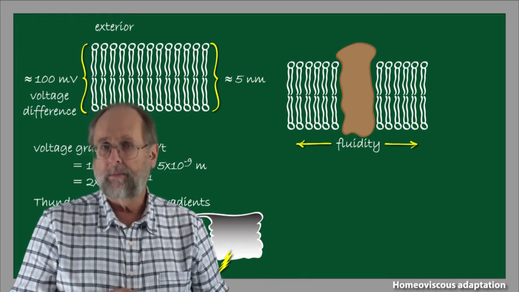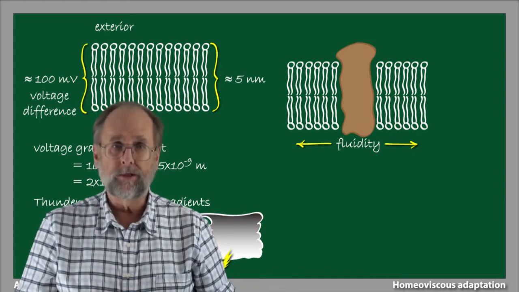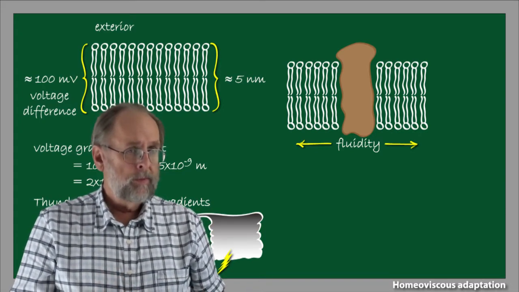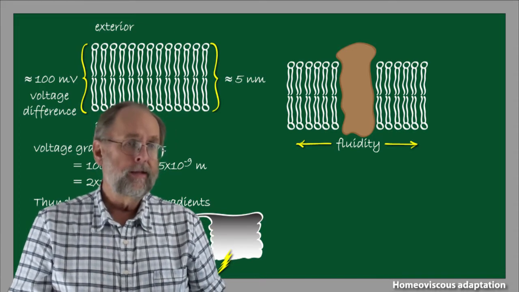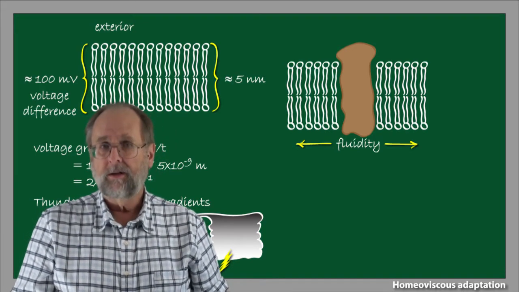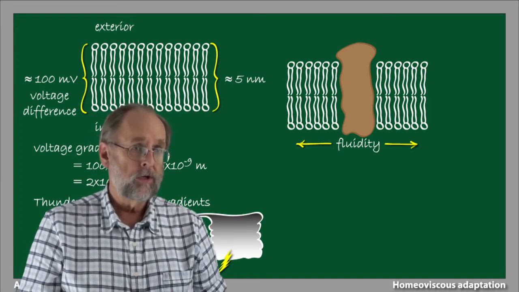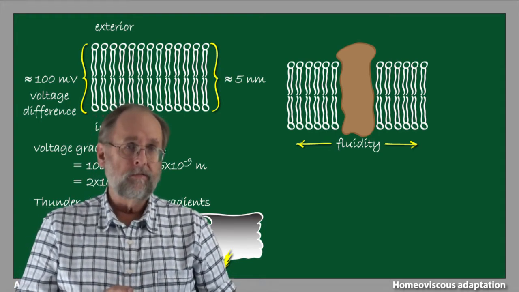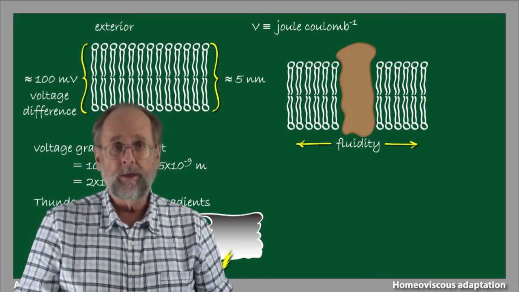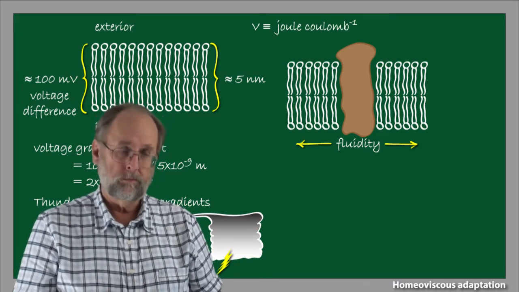But now, what about those massive voltage gradients? We remember that the volt is really a measure of potential energy. That is, it's an electromotive force that acts to drive flows of charge, like ions. As such, we can redefine the volt in energetic terms, namely as a joule per coulomb.